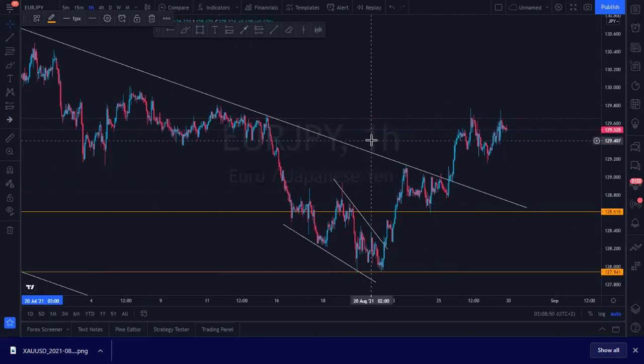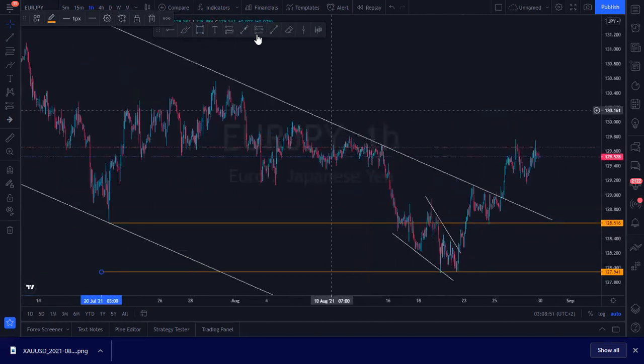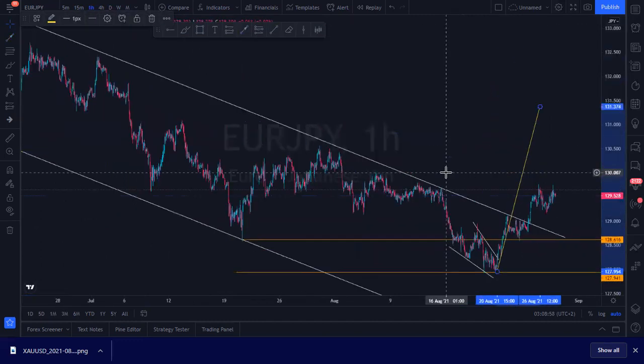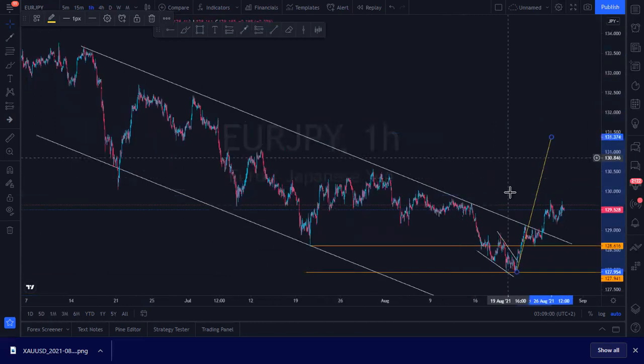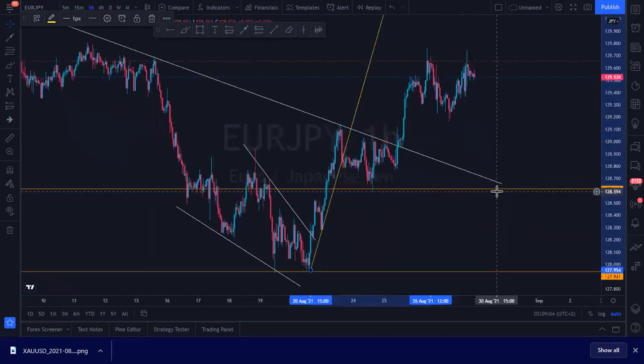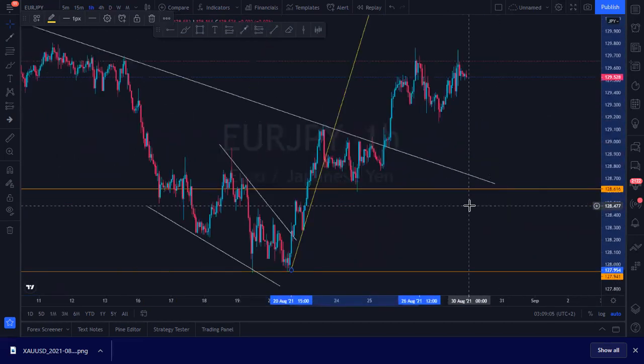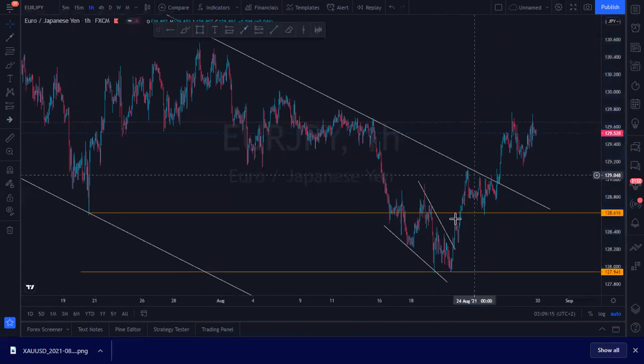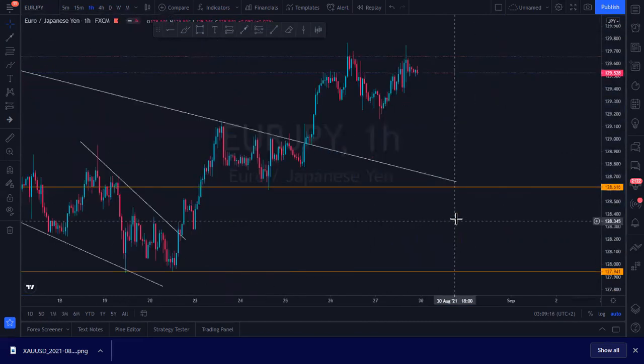That tells me the price is going to continue moving bullish. Because the price has broken above my channel and my trend line, I'm expecting to take only long positions.